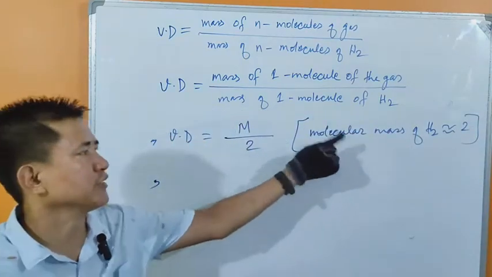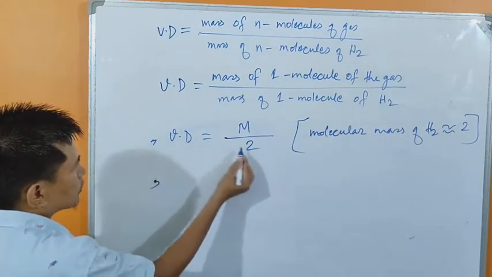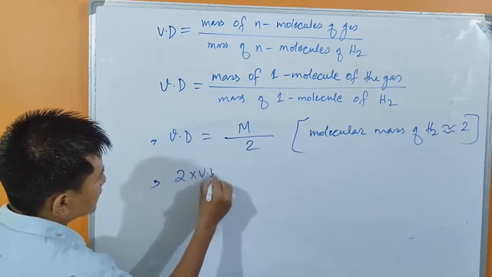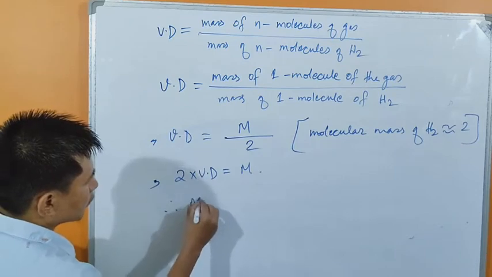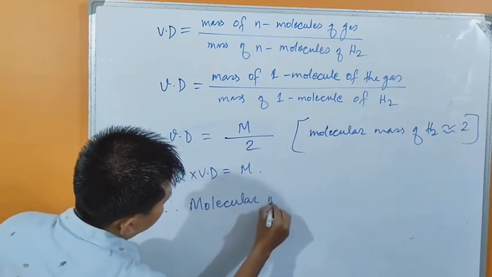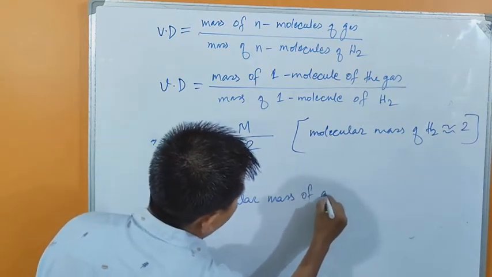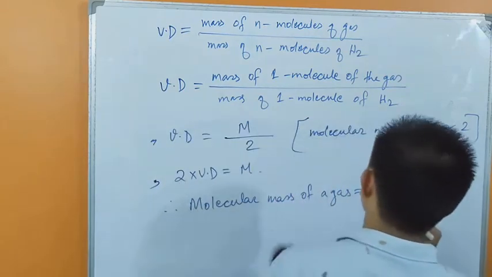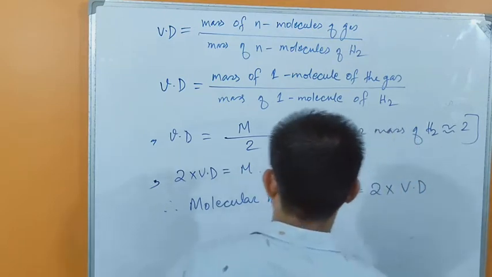We can cross multiply this with Vd. 2 into Vd, that is 2 into vapor density, equals molecular mass. Therefore, the molecular mass of a gas equals 2 into vapor density, 2 into the vapor density of that gas.